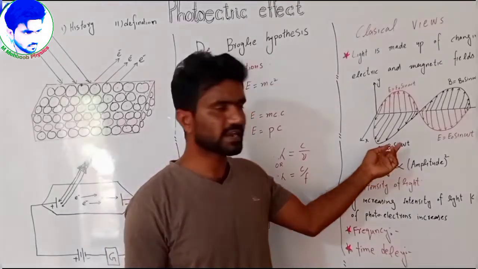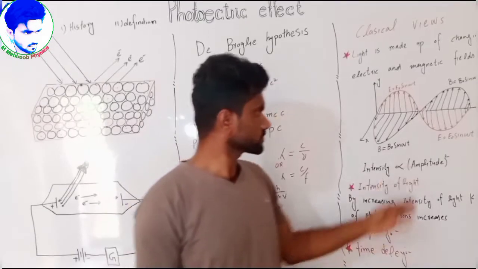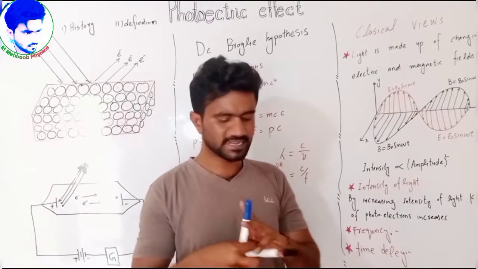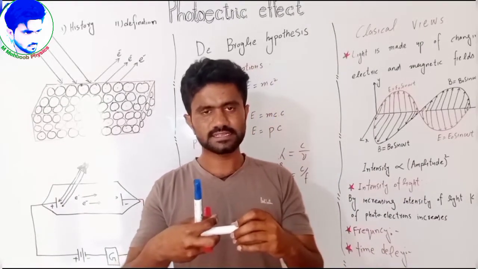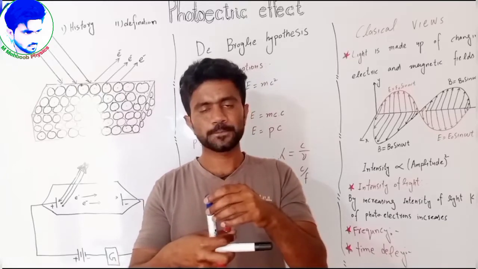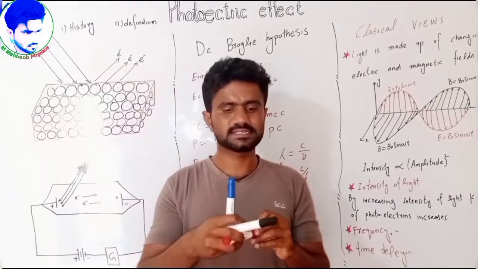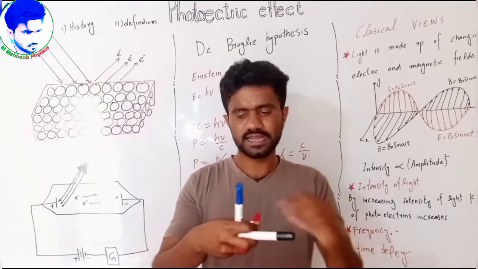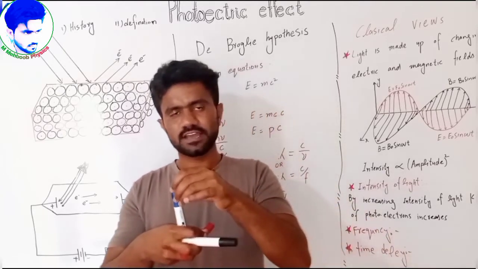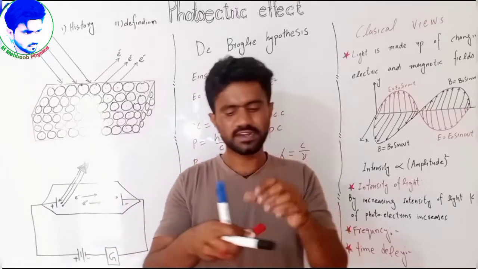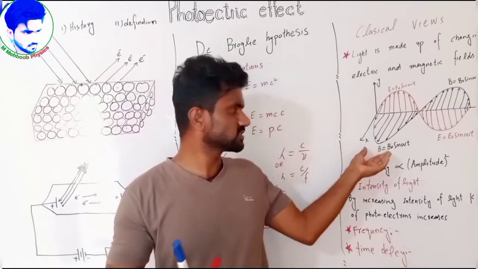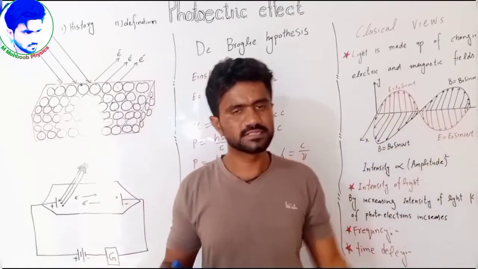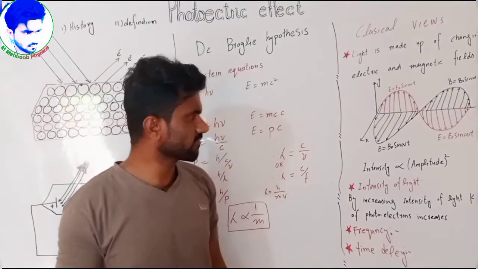If we have x, y and z axes, then our light wave is traveling along the z axis, and along the y axis there is the changing electric field, and along the x axis the changing magnetic field, and these changing fields make an electromagnetic wave.